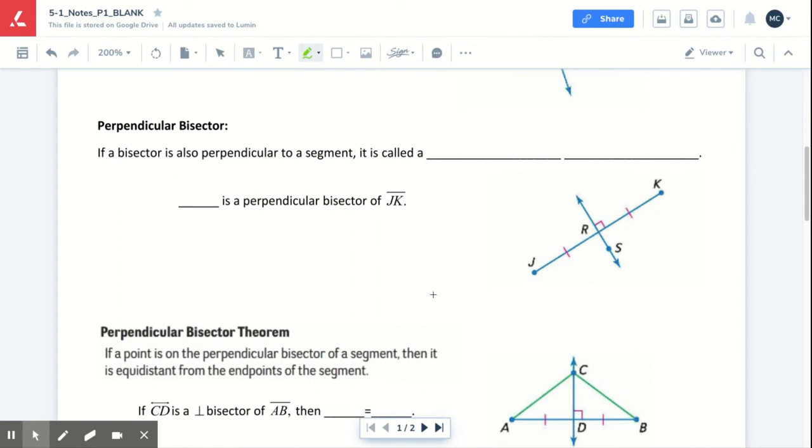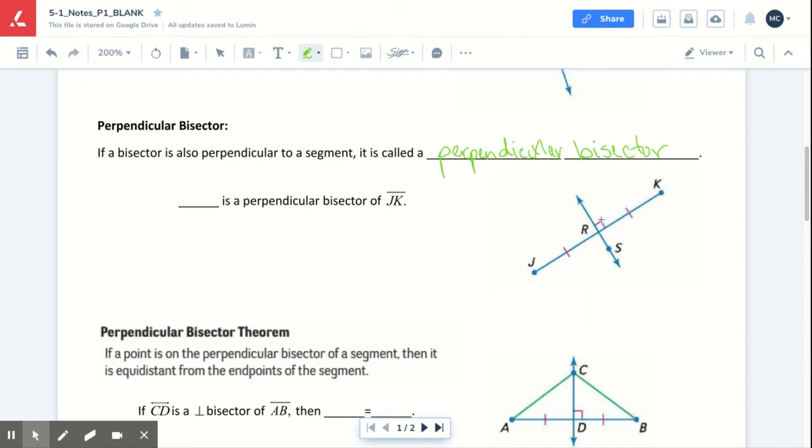Our next one is a perpendicular bisector. So if a bisector is also perpendicular to the segment, it is called a perpendicular bisector. And so on the picture that we have over here for line segment JK, I see that line RS does intersect JK at its midpoint, because they tell me that JR and RK are congruent.